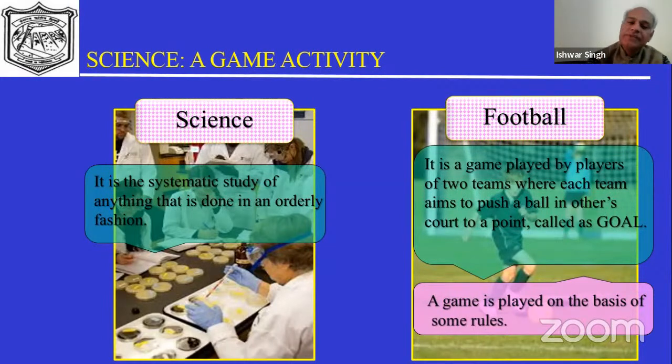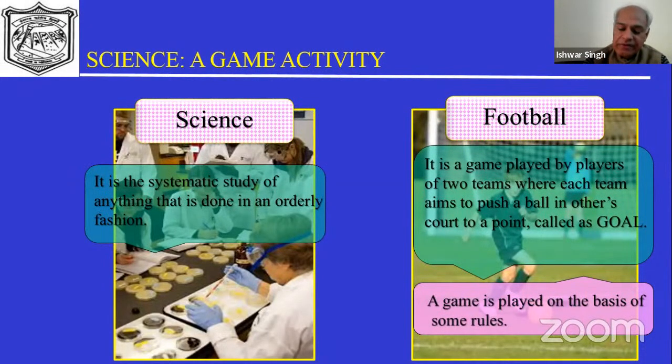The same thing happens in case of science also. If you are aiming to do some systematic study in some orderly fashion, in some ordered way, then again you will be performing that activity as per some set criteria, according to some set rules.